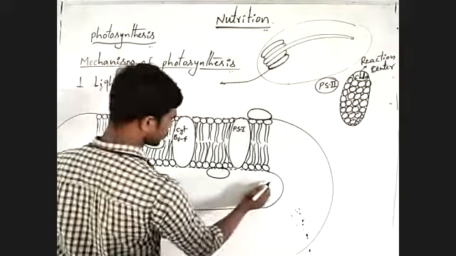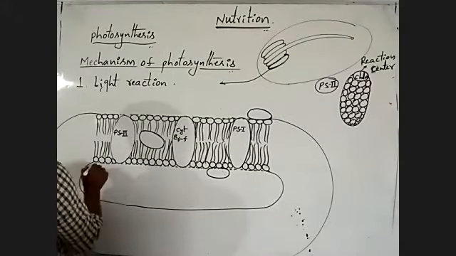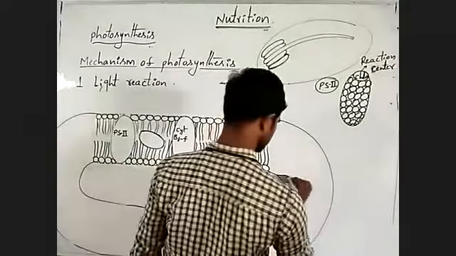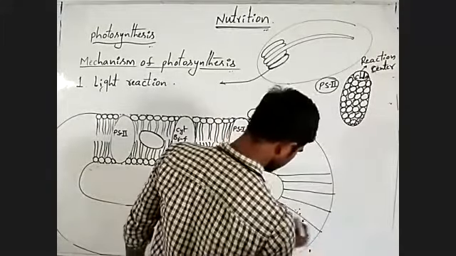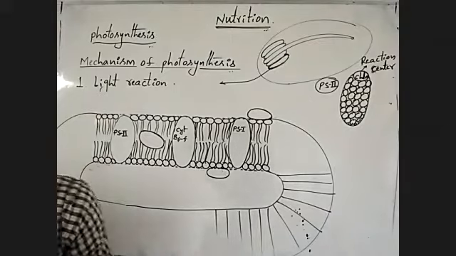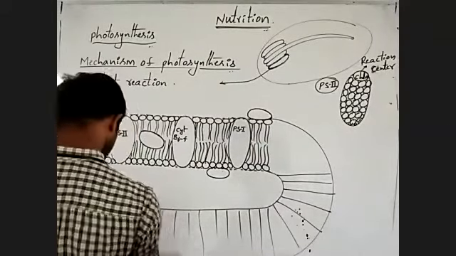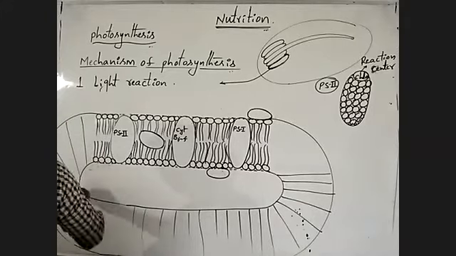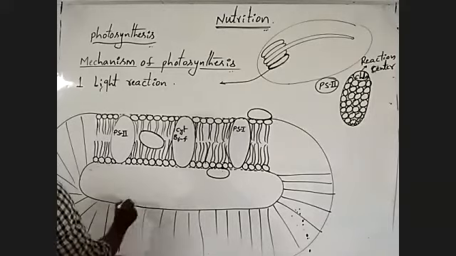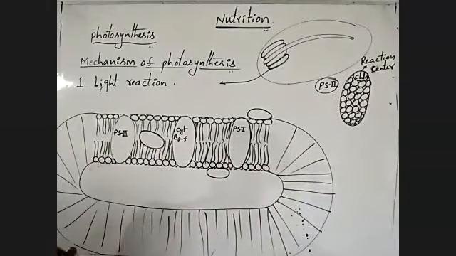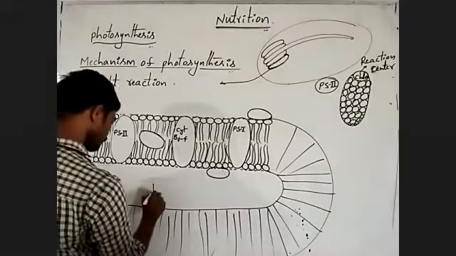Here this part is the lumen. This entire part is the lumen. This is the thylakoid membrane.